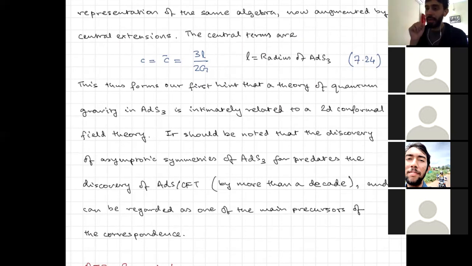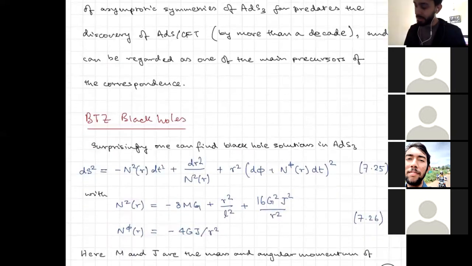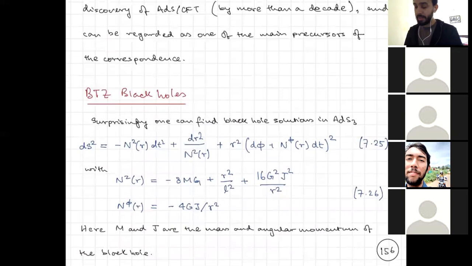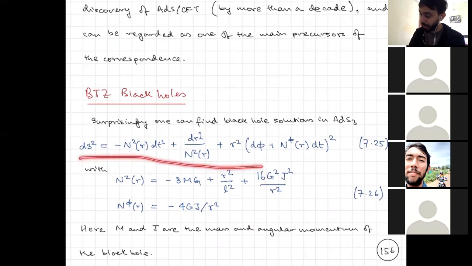So the thing that I was saying to you earlier is that there are these black holes in three-dimensional AdS, and I'll write down the metric for you. The metric is going to be given by a form like this.